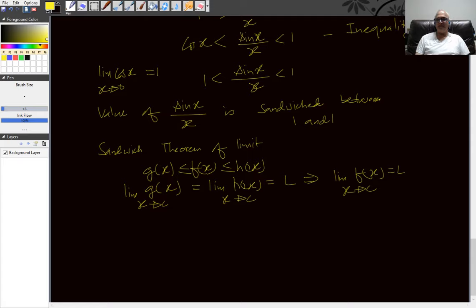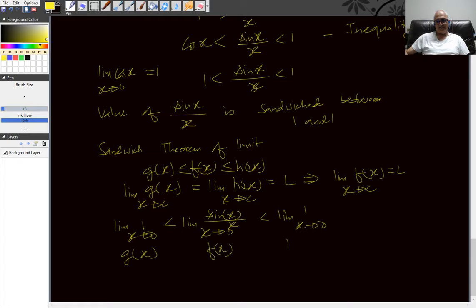So here you see that sin x by x is sandwiched between 1 and 1, so that's why the limit of sin x by x is sandwiched between the limits 1 and 1. So this is your g(x), this is your f(x), and this is h(x).